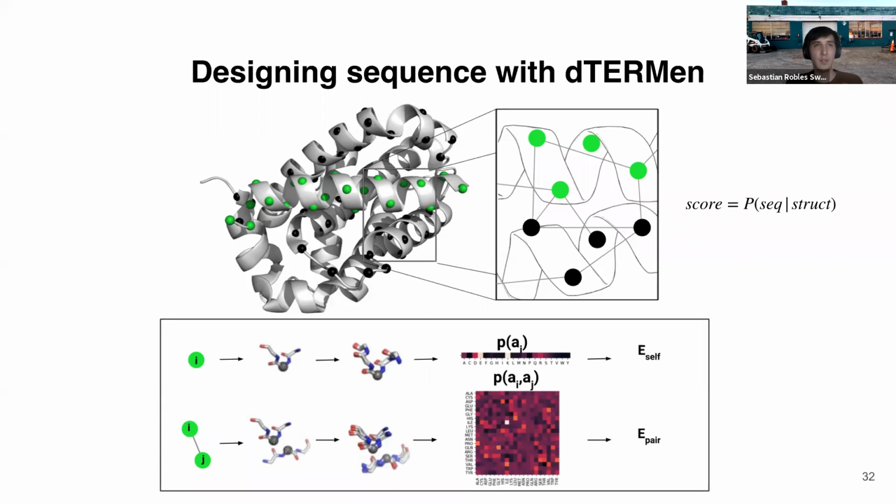So to get both the self and pair energies, you have to search parts of the protein, like fragments, and then count within that fragment how often you see each kind of amino acid. This gives you a probability of an amino acid in the position, and you can convert that to what is not necessarily an energy, but still reflects the probability of that amino acid in that context.